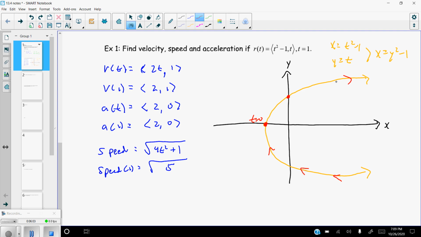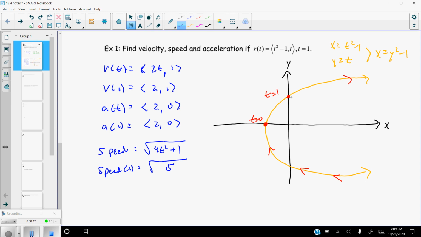And I'm actually not going to put arrows near those points because we're going to be doing some other stuff specifically at t equals 1. So that's where t equals 1. And then we have the velocity, which is the derivative, so it should be something which is tangent to this curve. So the velocity at 1 is 2, 1, so that will be right 2, up 1.